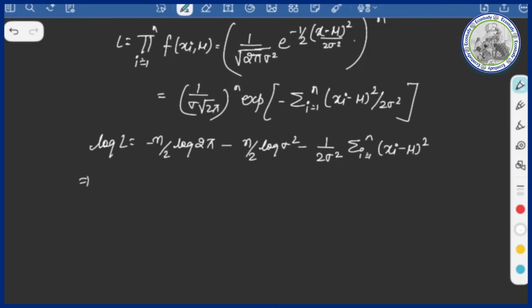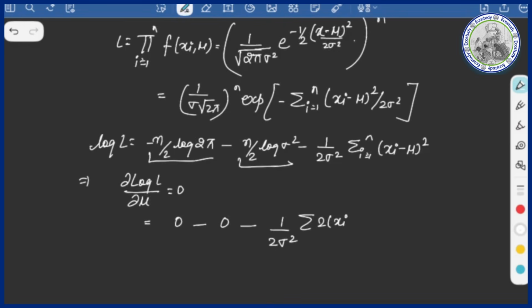Now since we want mu, we have to differentiate with respect to mu, so we differentiate d log L by d mu and equate to 0. When we differentiate the first term, it will become 0. When we differentiate the second term, it will become 0. And when we differentiate this term, we will get 1 upon sigma square sum of (xi minus mu) into minus 1 is equal to 0.